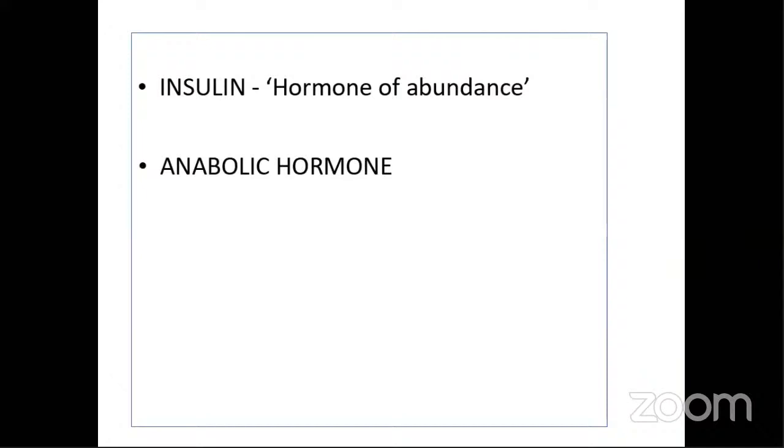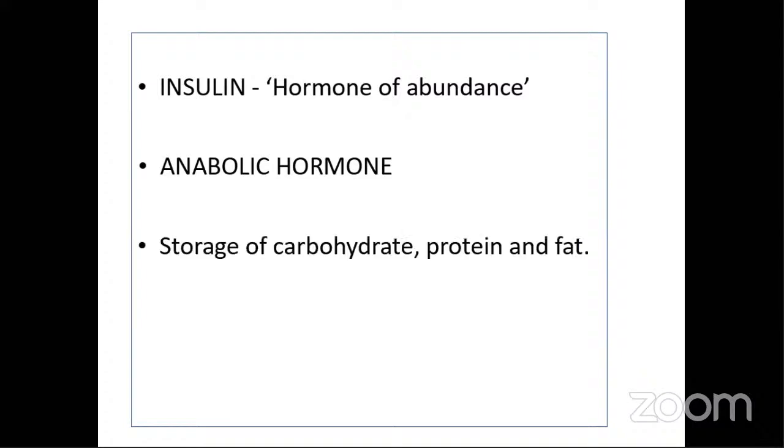It is an anabolic hormone, and it always tries to preserve the nutrient substances, whether it is glucose, fat or protein. Understood? It is called the hormone of abundance. It always tries to store energy. It helps in the storage of carbohydrate, protein and fat. This is a very, very key fact.